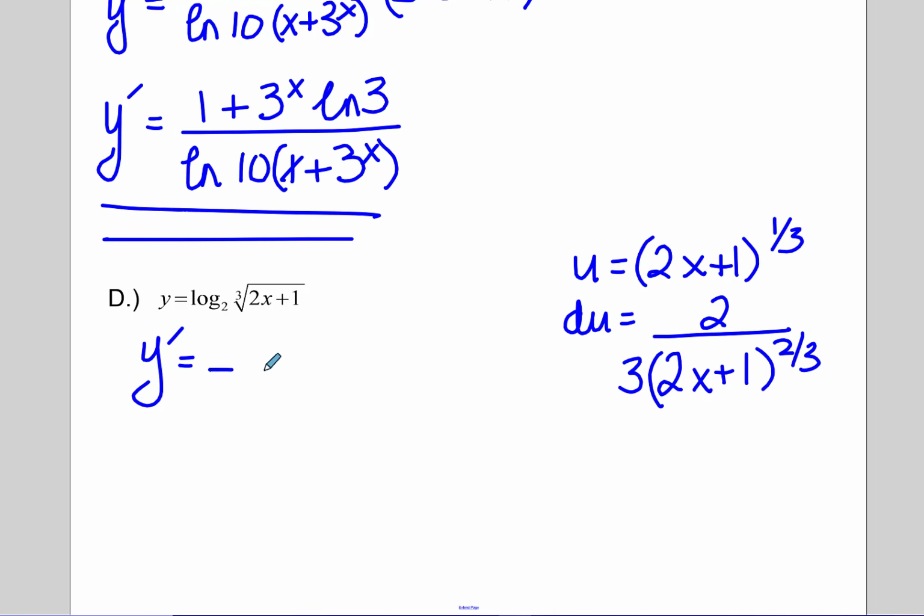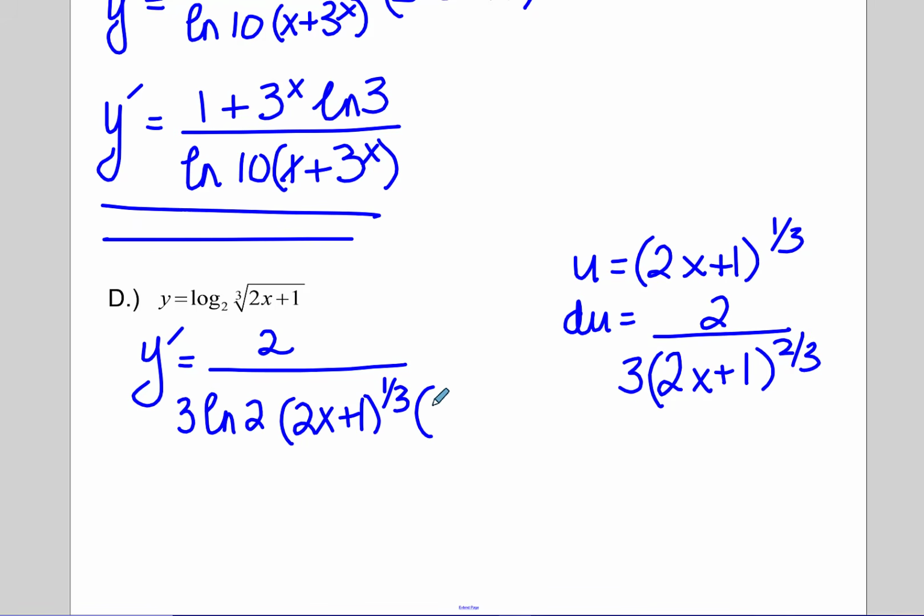And we need to do 1 over natural log for the base times the argument to the 1/3 power times this derivative. So we've got a 2/3 with another 2x plus 1 to the 2/3.